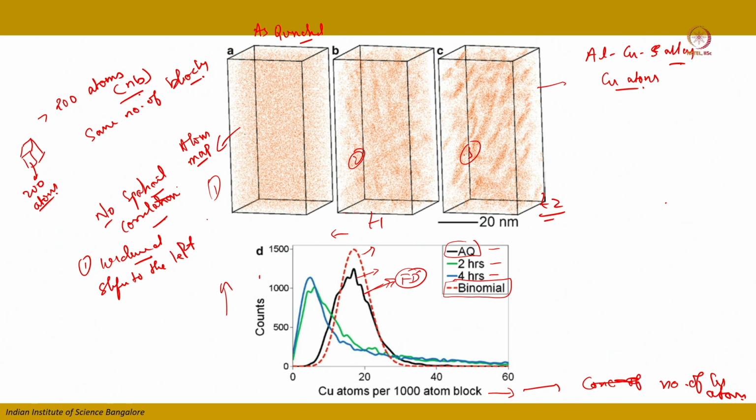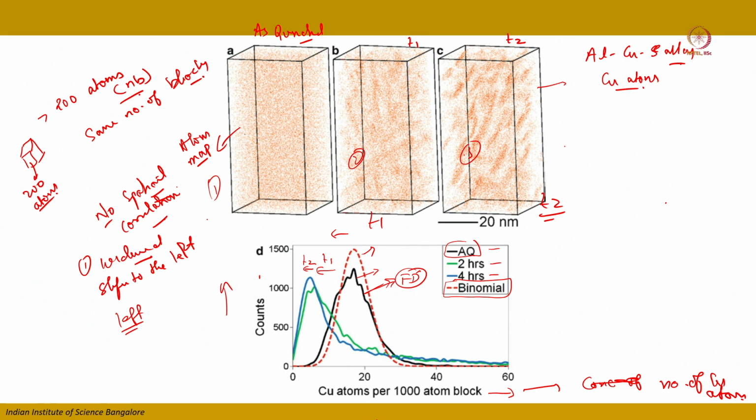Okay, and now you can see that after thermal treatment, at temperatures T1 and T2, the deviation increases and the peak shifts left more and more as the time increases.